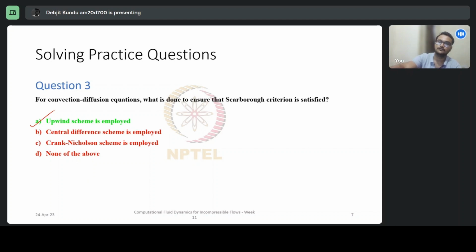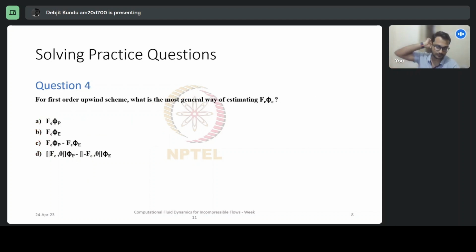Okay, so let's move on. We will move on to question number 4 of today's session, which is asking us that for first order upwind scheme, what is the most general way of estimating Fe phi E? Now, what is Fe phi E?